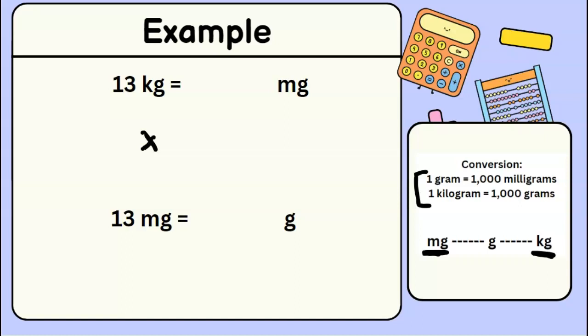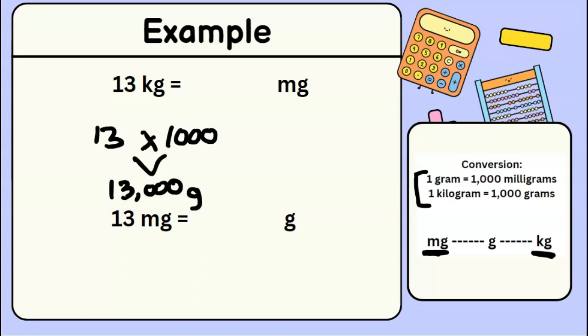I'm going to do that by multiplying what I originally had by 1,000, using my powers of 10 that we've been talking about this week. I know that I can add 3 zeros, and that's going to give me my answer. So 13 kilograms is equal to 13,000 grams. To get to milligrams, I'm going to do the same thing.